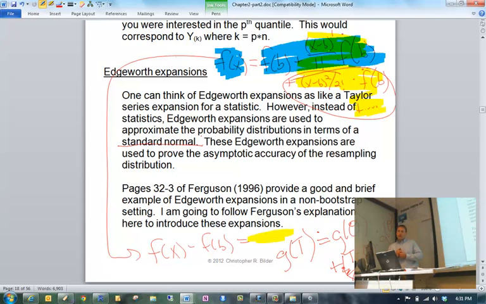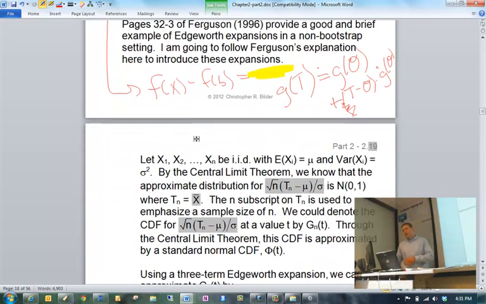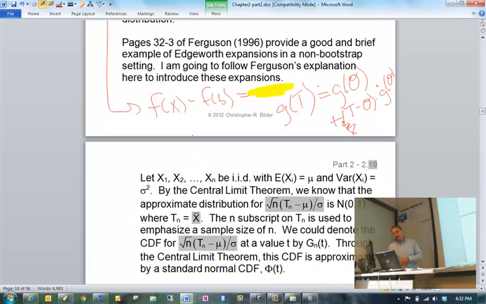Now, the goal for this little talk about Edgeworth expansions is for you to have an understanding of what Edgeworth expansions are and their use in the bootstrap. I'm not going to ask you on a test to perform an Edgeworth expansion. My brief explanation here follows some stuff that was in Ferguson 96's book.